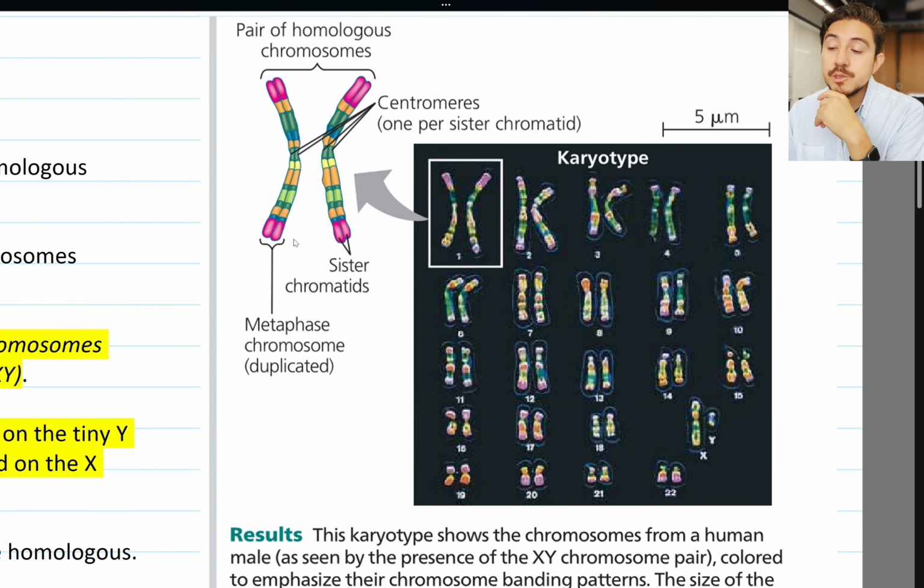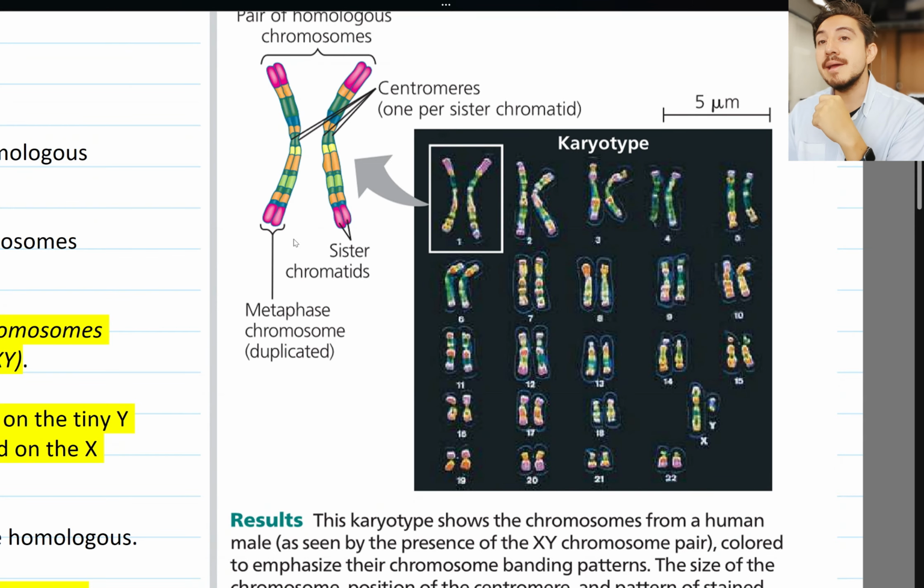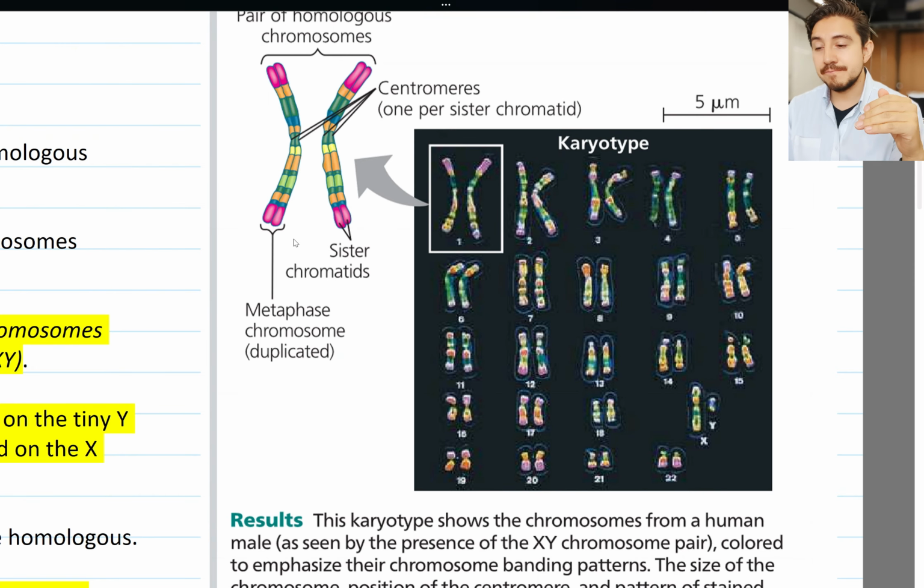So one thing to note is that a karyotype is made whenever the DNA is condensing as the cell is about to divide. Remember, they're in the process of dividing, they are undergoing prophase and metaphase and so forth. So they're in the chromatid state.